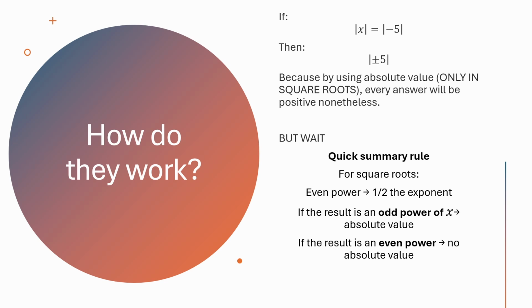And of course, we have to review even powers: an even power inside the root is equal to half the exponent, which means x to the power of 4 would equal x to the power of 2 outside of the radical. But remember, that x to the power of 2 would not have the absolute value because it has an even exponent.